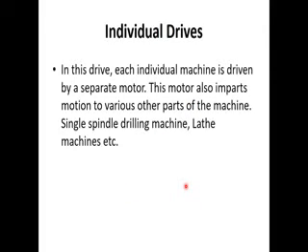The advantage of this individual drive is, if any problem occurs in a particular motor, only that motor stops, which does not affect the performance of the other industrial machines. So the efficiency is high. The drawback is the cost of motors. For every machine we need a separate motor, so the cost is very high.